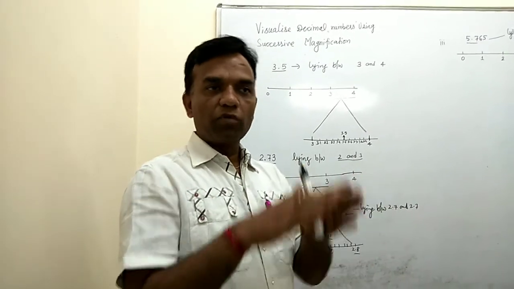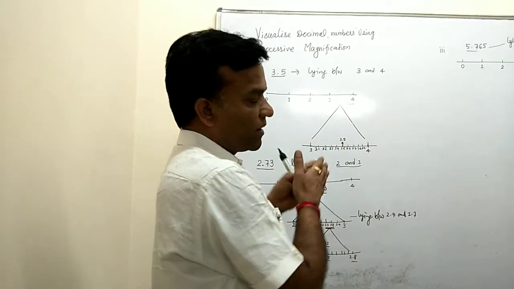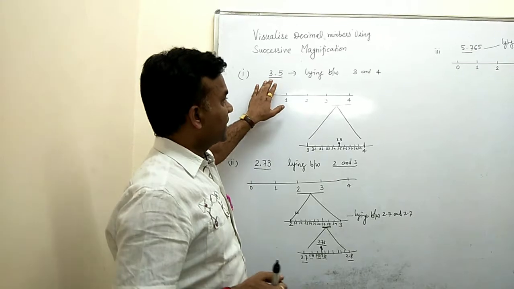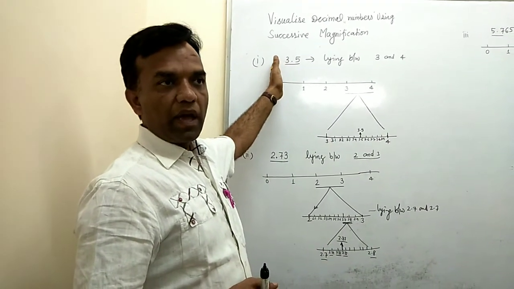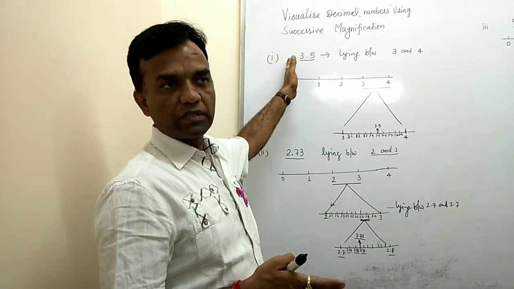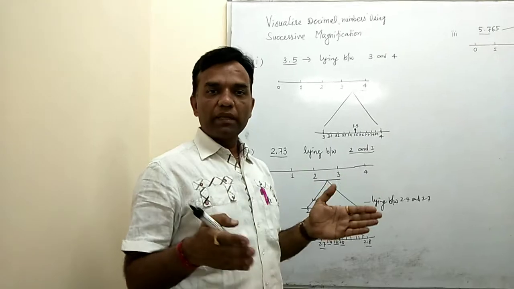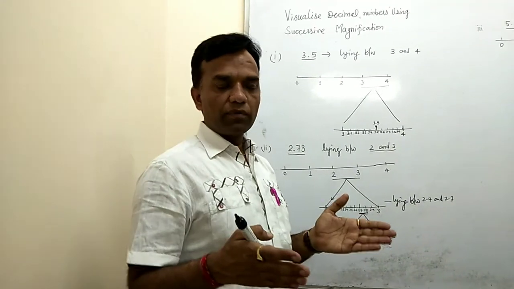Then you round that number first, and then denote it in the same procedure, with the same magnifications. First you take the integer part, before the decimal. If 7 point something is given, it is lying between 7 and 8. If 3 point something is given, it is lying between 3 and 4, like this.